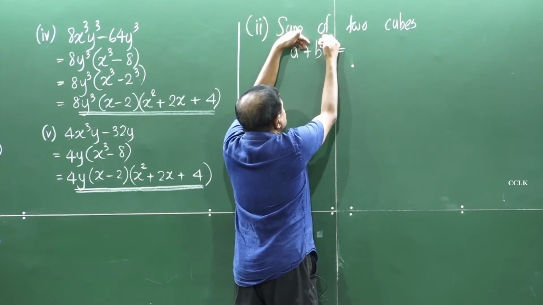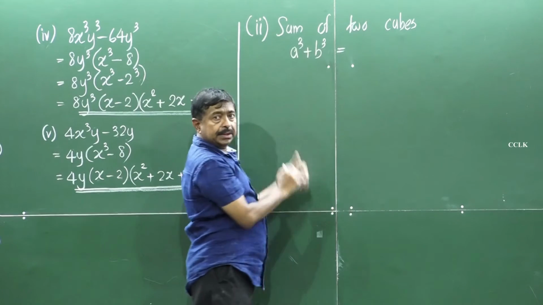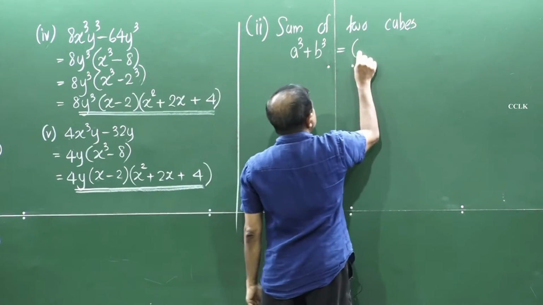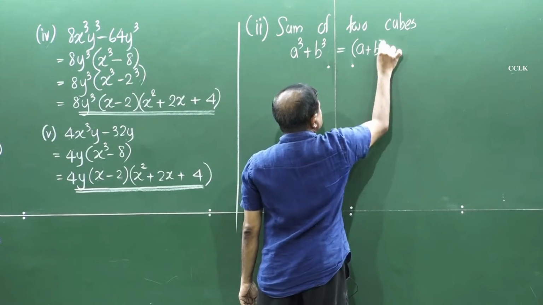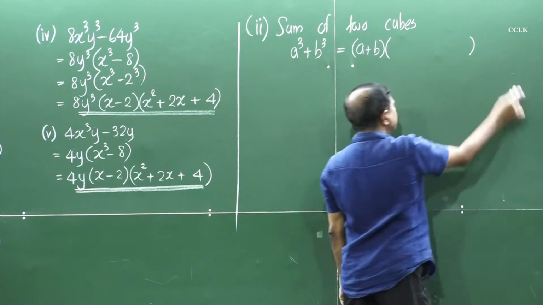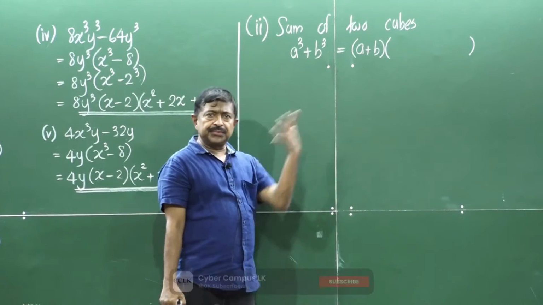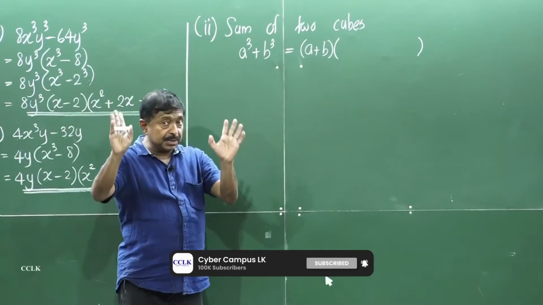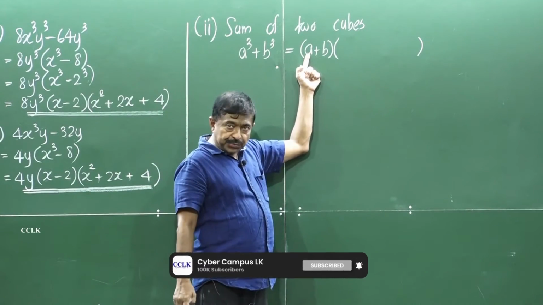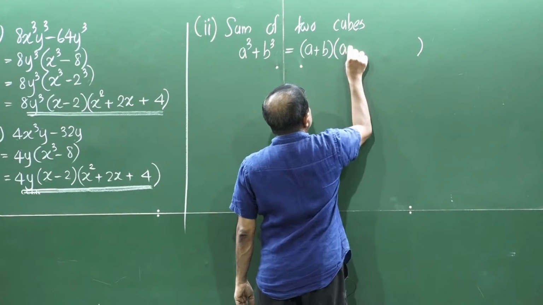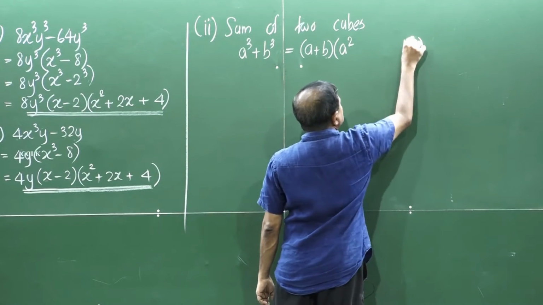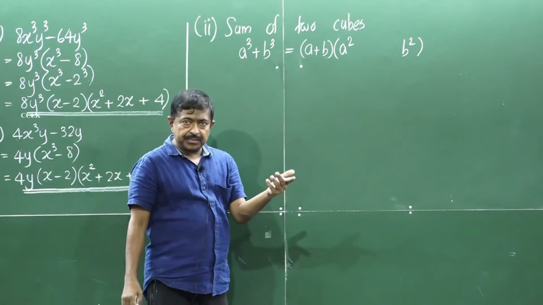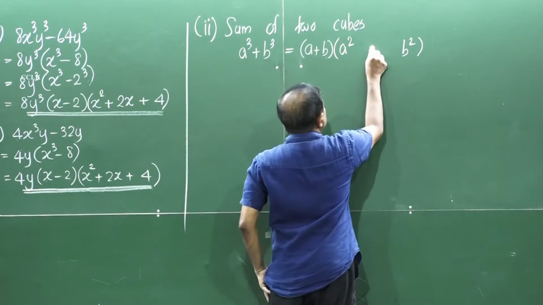Close the indices, powers. You get a plus b. That's your first factor. So how do you generate the second factor? It's very similar, right? Look, you square this one, you get a squared. You square b, you get b squared. Like in the previous case, multiply these two, ab.